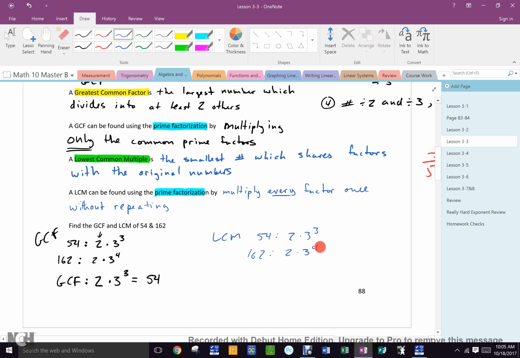Now, our LCM, we count everything once without repeating. How many 2's cover both guys? How many 2's do I need to write to account for all the 2's? No repeating. So how many 2's do I need? I need a single 2, because that 2 covers both of these, yes?